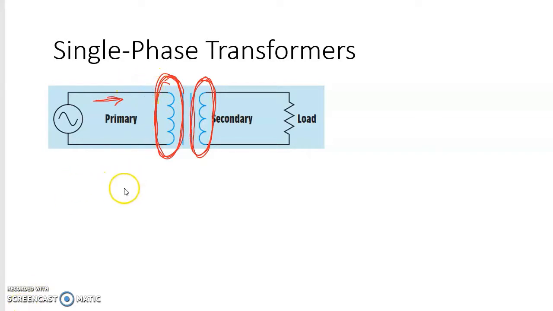Now the levels of the voltages on the primary side and the secondary side, we can affect, whether the voltage on the primary side is stepped up or stepped down on the secondary side, based on the number of turns of wire on each of the coils.